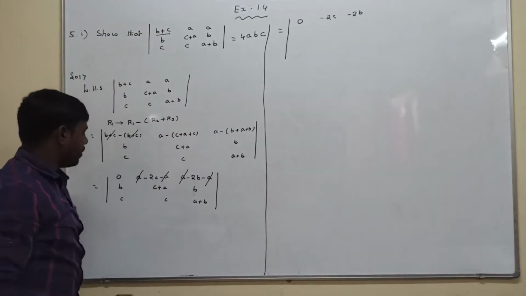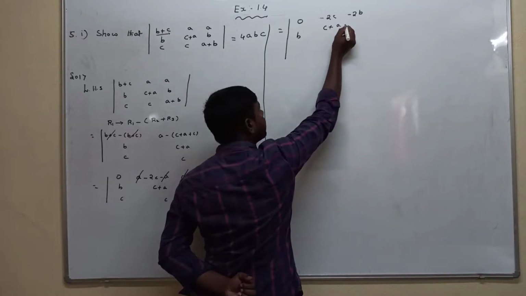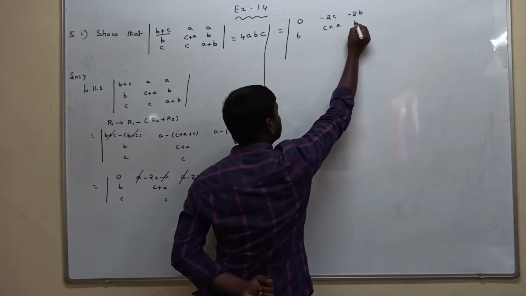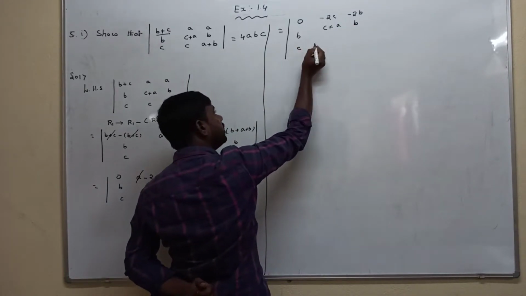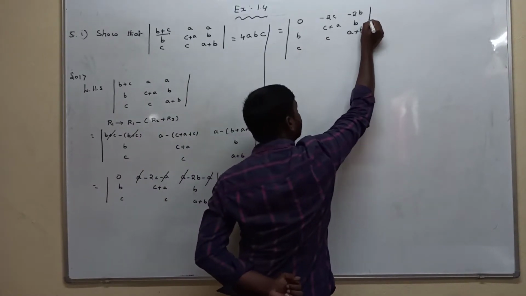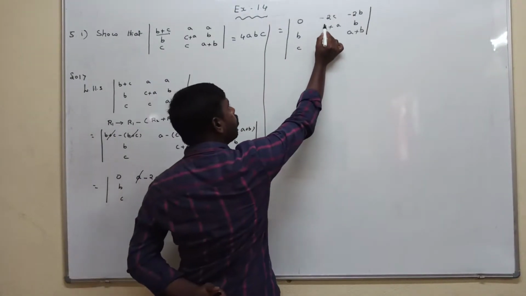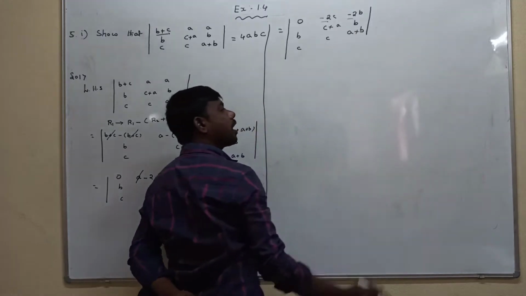Next, what are the elements in the second row? B, C plus A, B. The third row is C, A plus B. Now observe here, friends. In the first row, what is the common element? Only minus 2 is the common element.